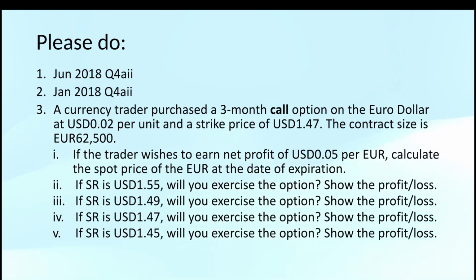A currency trader purchased a 3-month call option on the euro dollar at 0.02 per unit and the strike price of 1.47. The contract size is 62,500. So you have to answer five questions. Will you exercise the option and show the profit or loss?